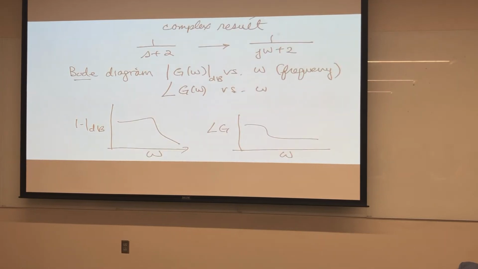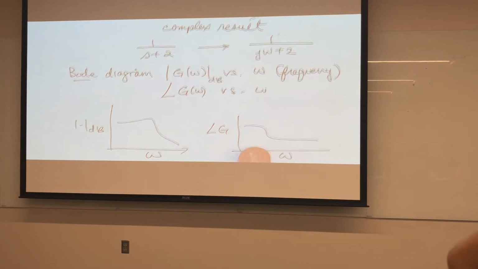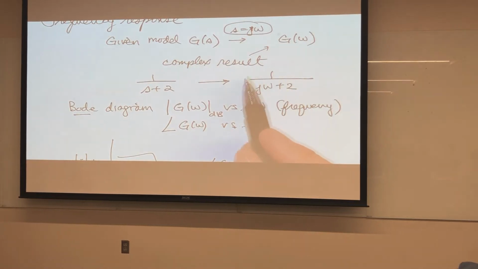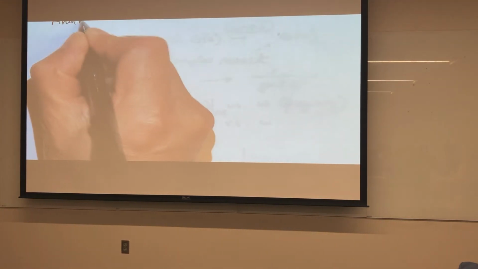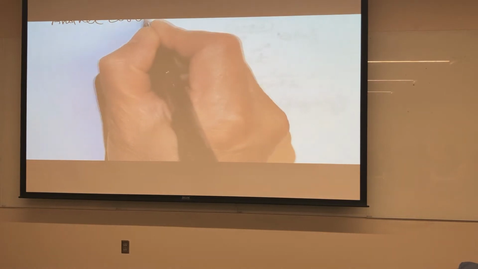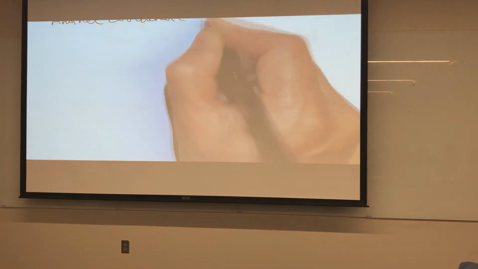Now, the Nyquist plot is similar information, but it's plotted a little differently. We take a look at this thing. This is a complex number. Another way to look at the frequency response is in another coordinate system.